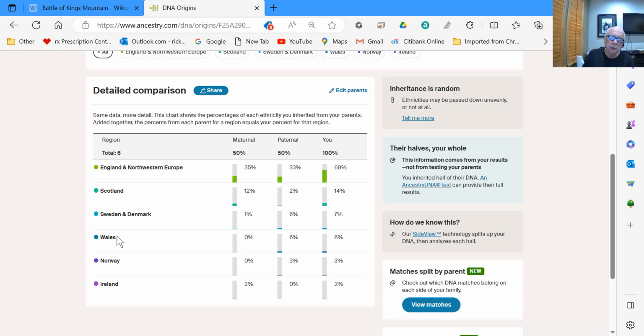Again, it has nothing to do with a family tree or a family story. It just says that it doesn't see any patterns in the DNA that would stand out as some pattern that's known to come from Wales in England.